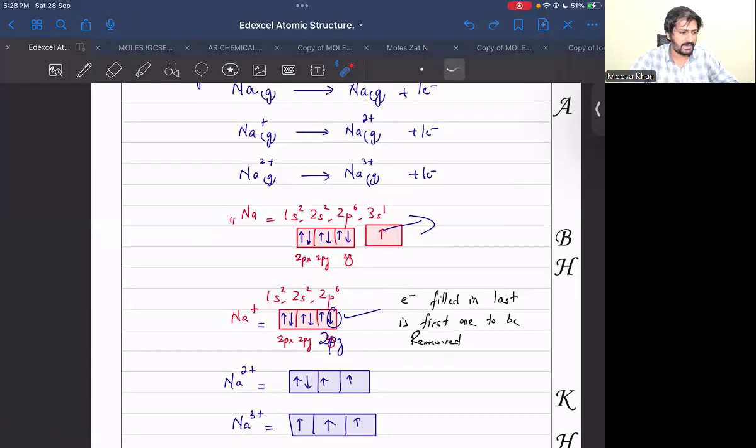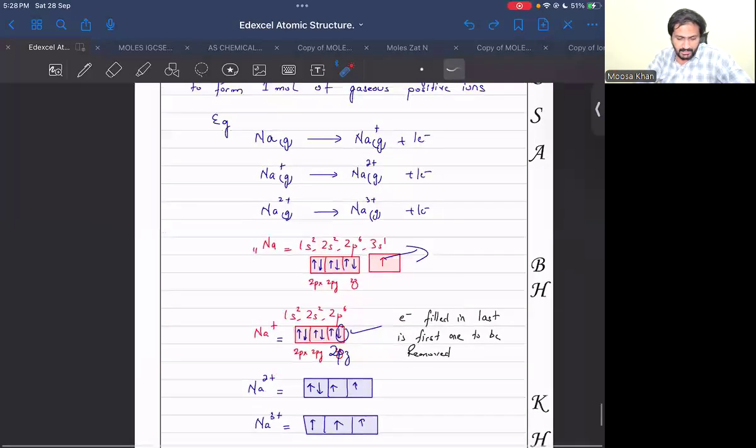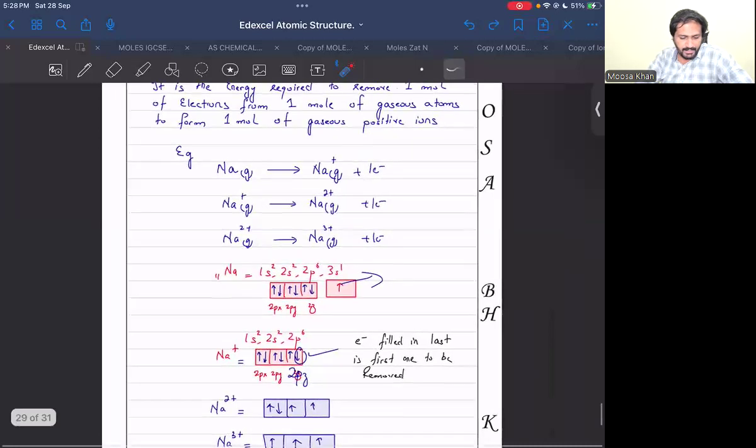Rayan, Faik, Sarah. Okay. Sarah and Faik, do you guys have any confusion in it? Because it is the tough one. Now the concept will get a bit tougher.